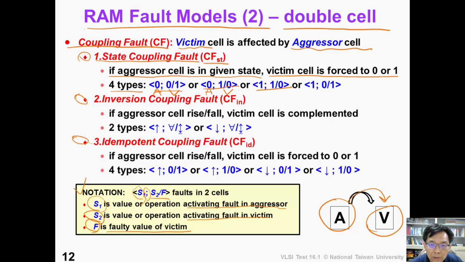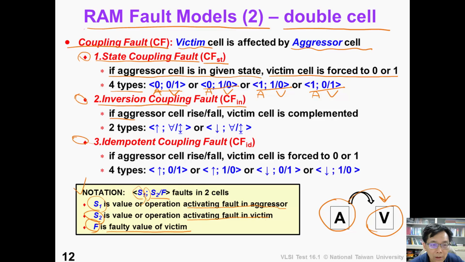And the third type means when the aggressor cell is 1, the victim cell will be stuck at 0. And the last one means that when the aggressor cell is 1, the victim cell will be stuck at 1. The second category is inversion coupling fault, or CFIN.